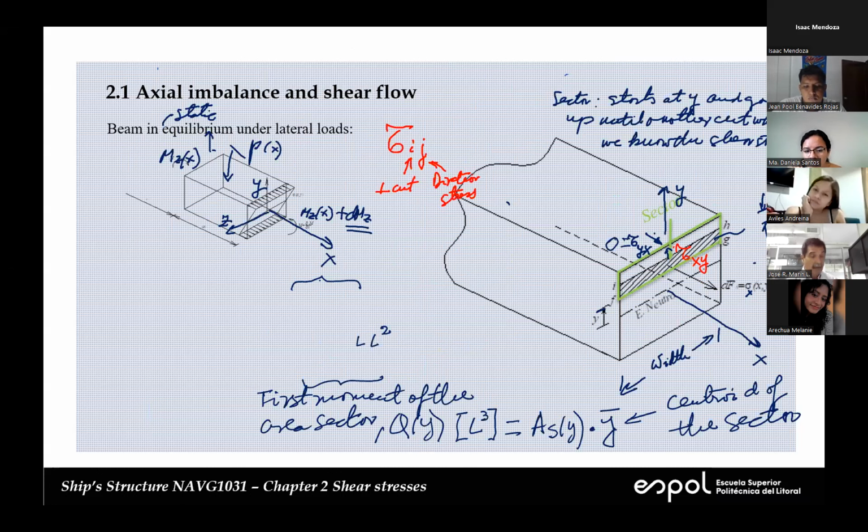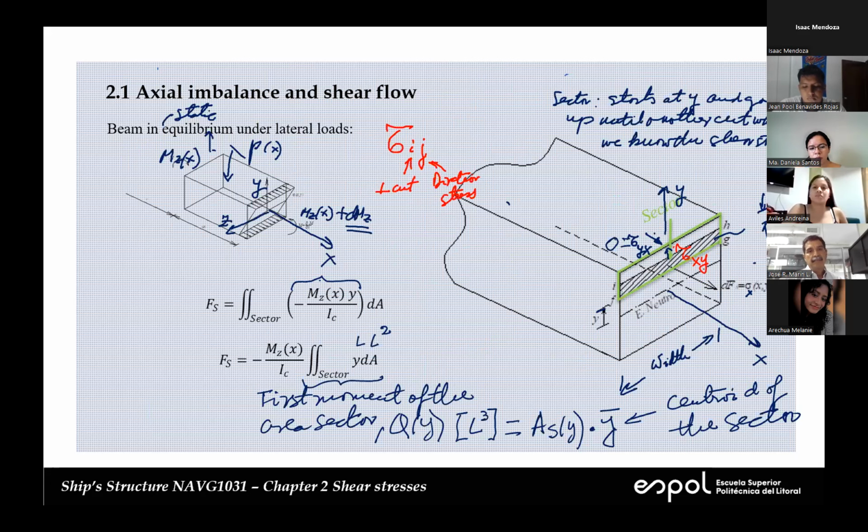I couldn't say that at that time because we didn't have the formulation, but the idea was to obtain a value for tau at the level of the cut. Since we have only one equation, we could have only one unknown. That's why we started here and went up to this point, h/2, where we know that the shear stress is 0. So we go in this direction from the cut until the end. That's the key of this analysis.